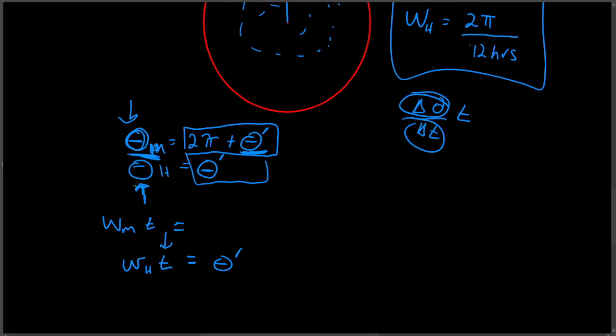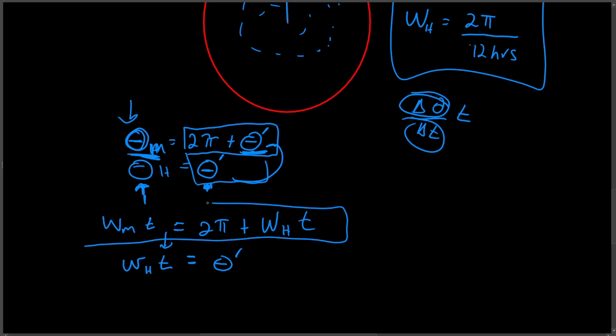And so we take theta prime here and substitute it into here, and so we're going to get 2 pi plus this. And what we want to do is we want to solve for t. And so this is again the concept of circular angle, and realizing that the minute hand moves faster than the hour hand.